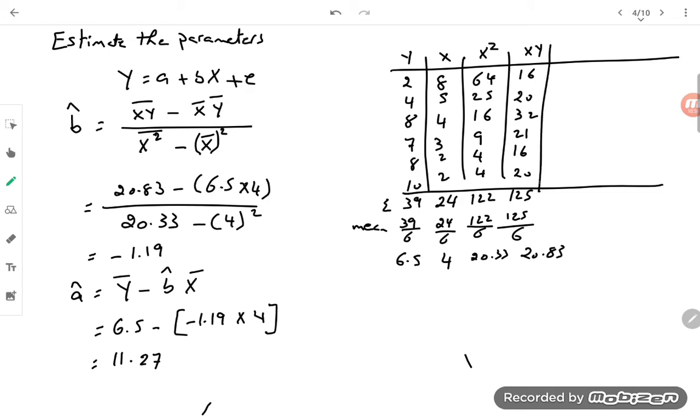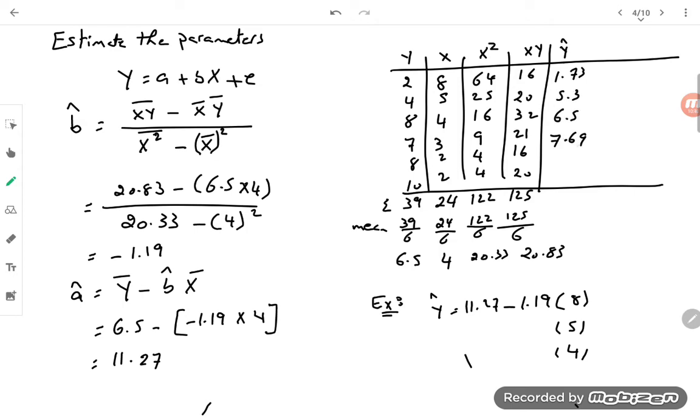So this is y hat, which is calculated as, say for example, for the first point, 11.27 minus 1.19 multiplied by 8, multiplied by 5, multiplied by 4, and so on. So the values will be 1.73, 5.3, 6.5, 7.69, 8.88, and 8.88.